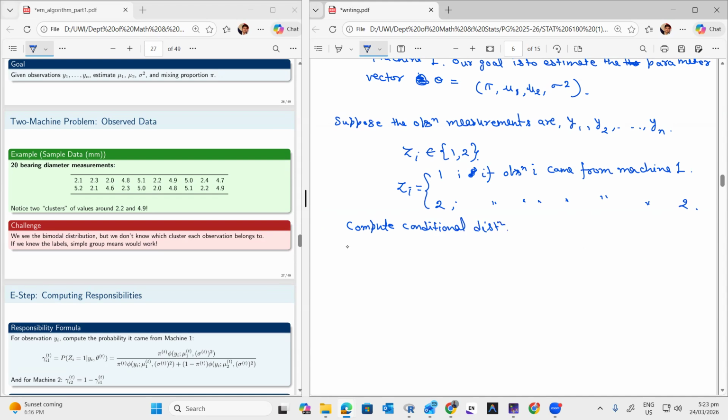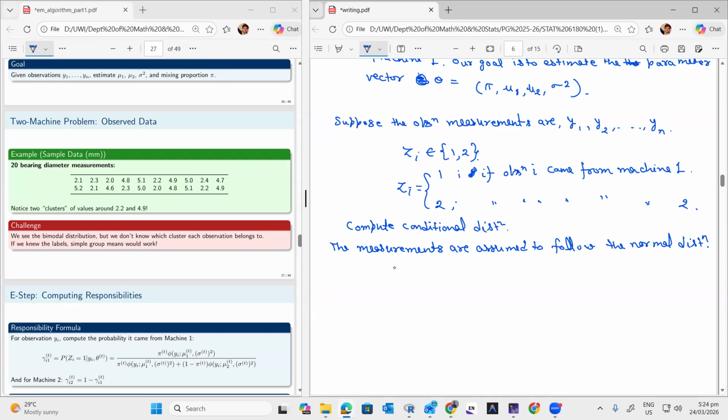The measurements are assumed to follow the normal distribution conditional on the machine of origin.